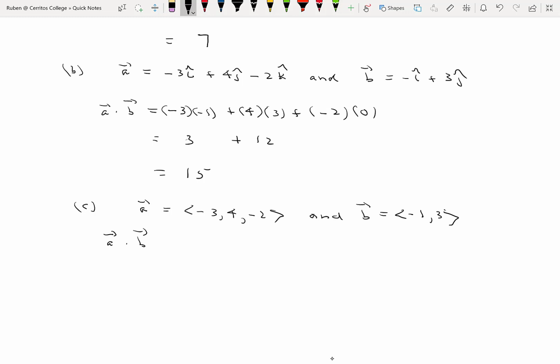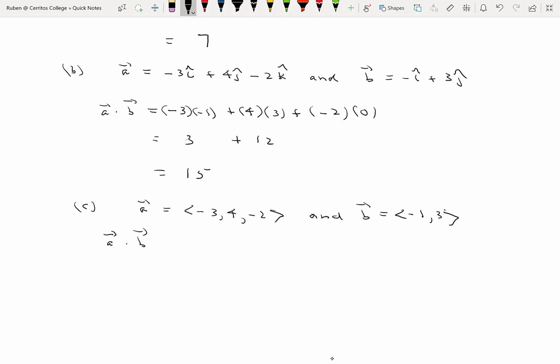It looks like we're dealing with the same vectors as in part B. We're not. The answer is not 15. The vector B is a vector in R2. In order to have B with those first two components in R3, we would need to write B as a vector whose components are -1, 3, and 0.